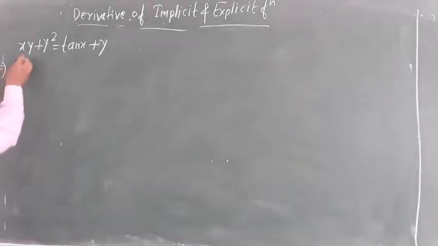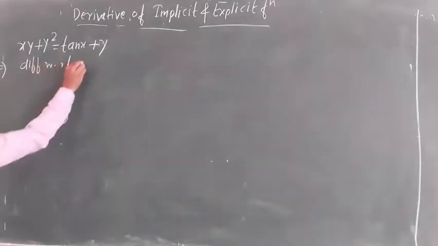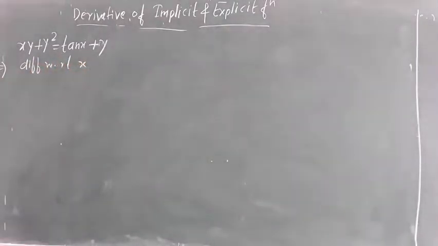Okay, so when we differentiate this with respect to x, here x into y means what? This is the product of two functions. So therefore here you have to apply the product rule. What the product rule says, here x is the first function, y is the second function.